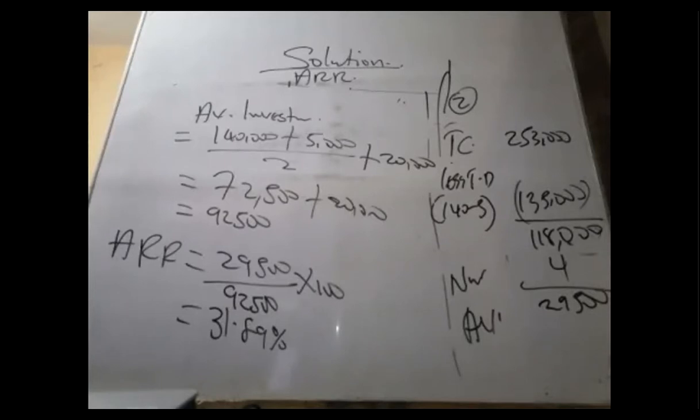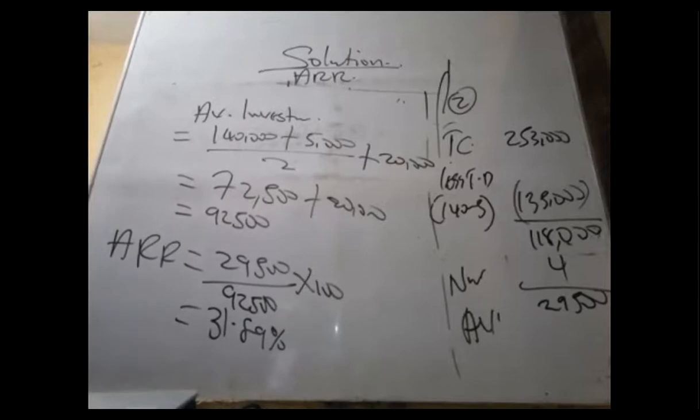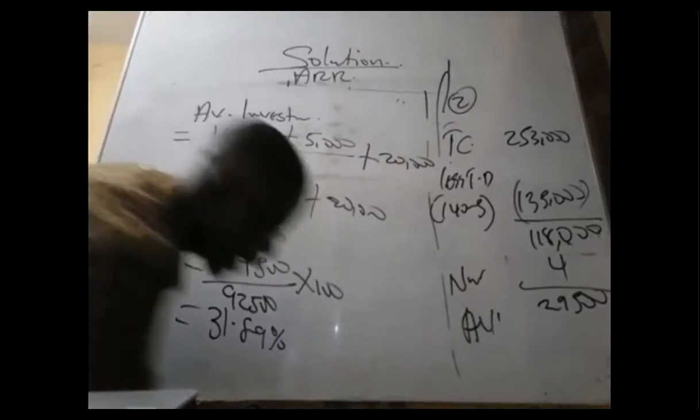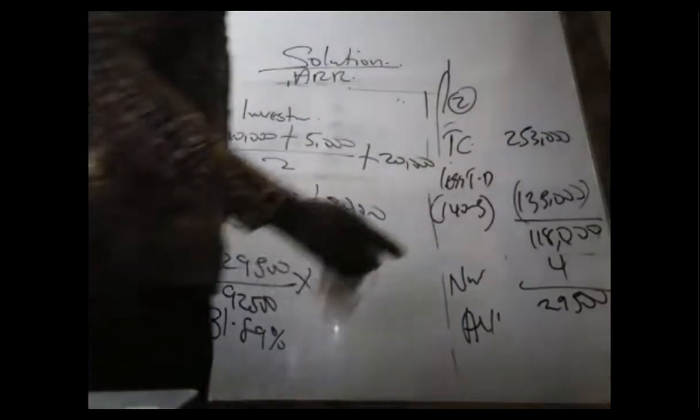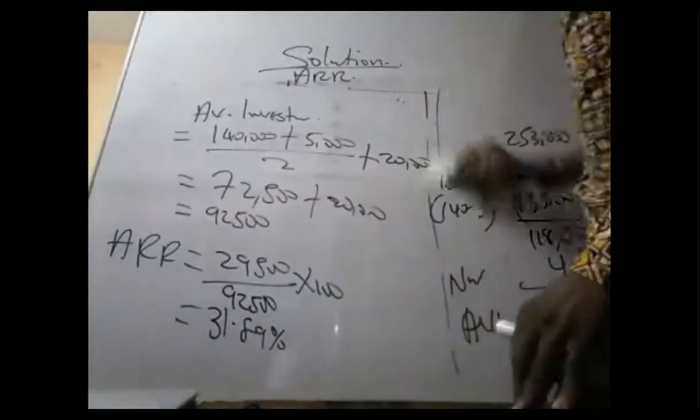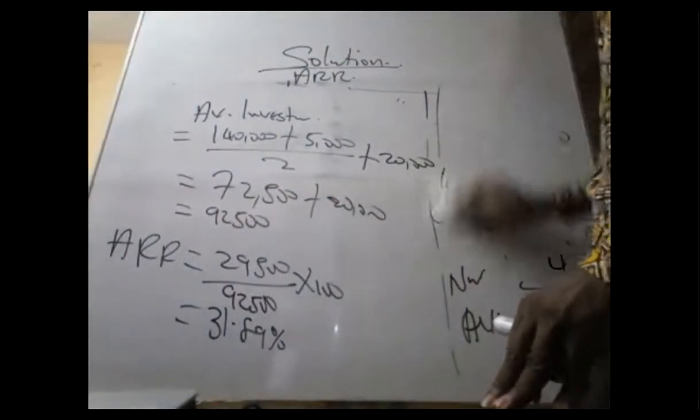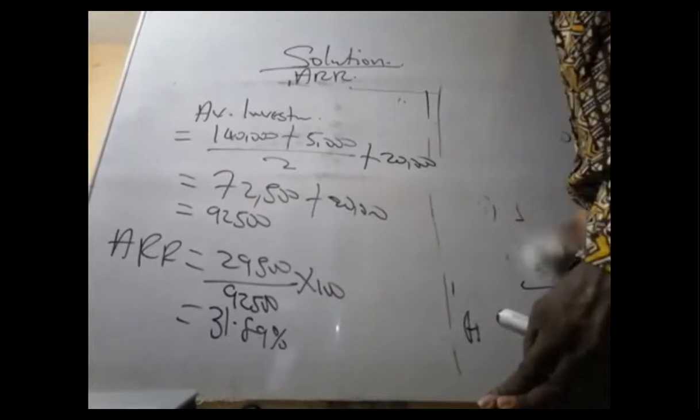Okay, so now let's move on to the acceptance criteria. So this 31, do you have to accept it or reject it? There's a particular way that we accept projects using accounting rate of return. So that acceptance criteria, we also call it the decision rule.